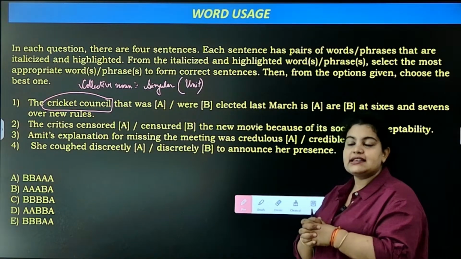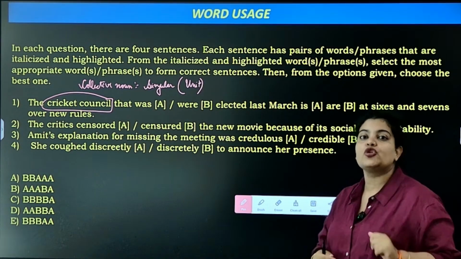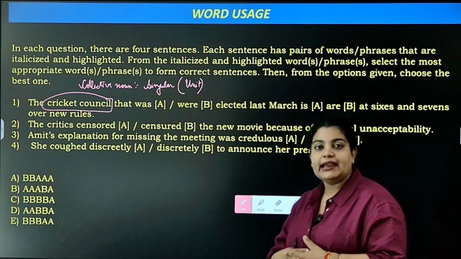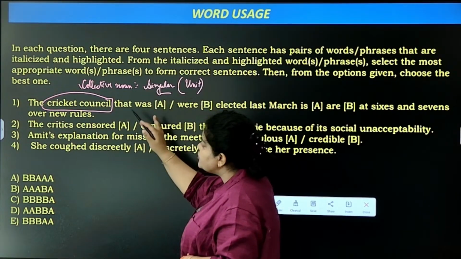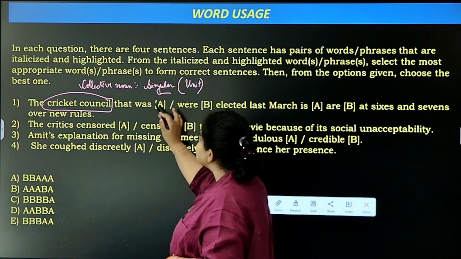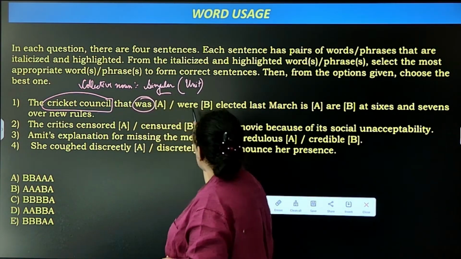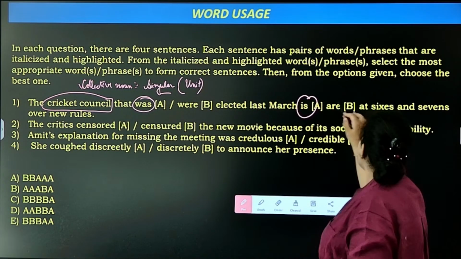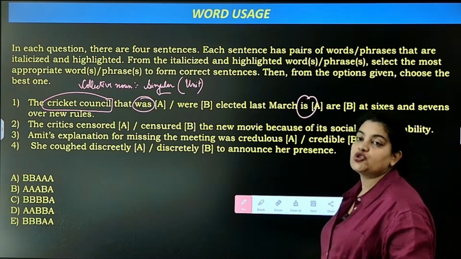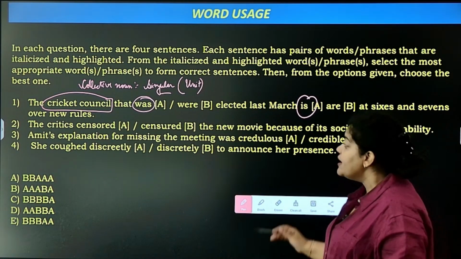So the cricket council, since it's referred to a single group or a single team or a collective noun, and collective noun is treated as singular, so the correct version here would be the cricket council was elected last March, okay, is at sixes and sevens over new rules. Okay, so that is the case.